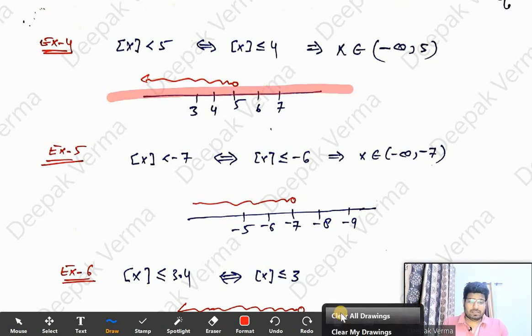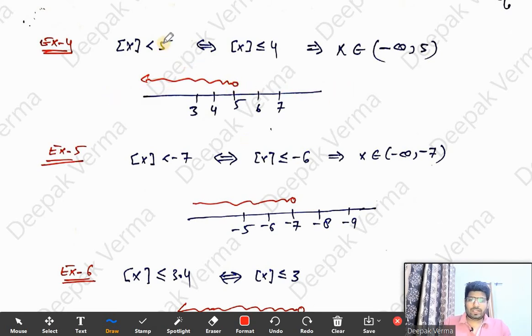You can understand it by making a number line. So this is the number line. So the integer just less than 5 is what? 4. So this is 4. Now if box x is 4, then x must be between 4 and 5. If we want box x equal to 3, then x will be between 3 and 4.